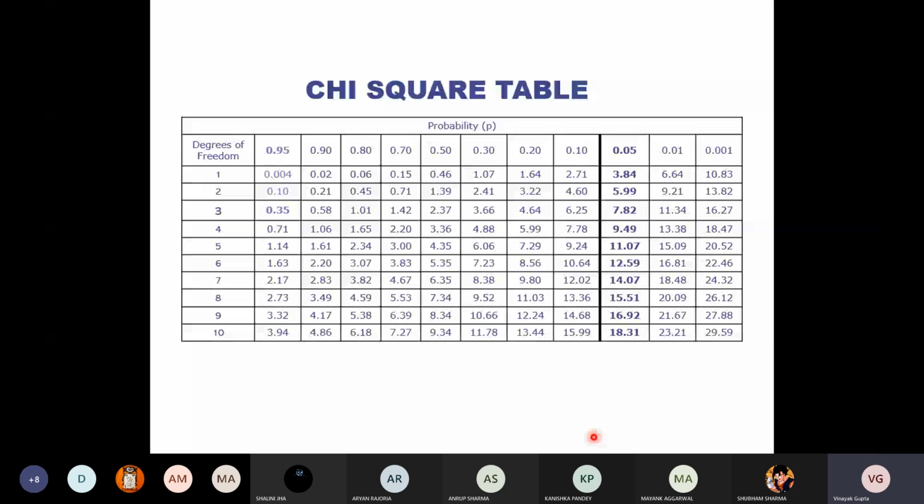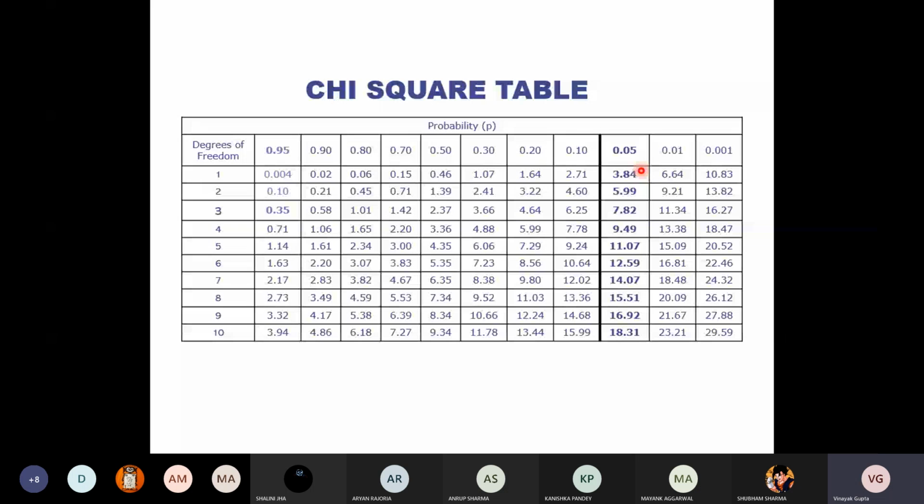Sir, accept. Okay, so it's very simple here that we have to accept the null hypothesis. The chi-square value which we calculated is less than the critical value mentioned in the table. So we failed to reject the null hypothesis. That means we are accepting the null hypothesis. That means this genetic cross is following Mendel's monohybrid cross.